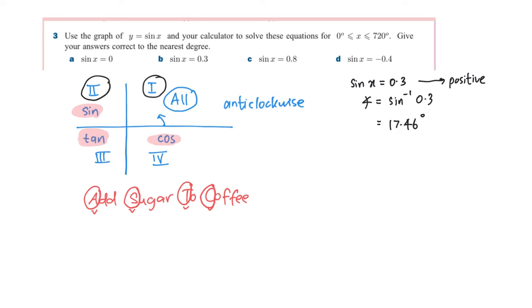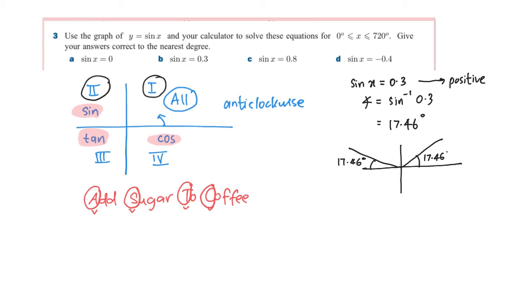So what do they mean by this? This 17.46 degrees is located in the first quadrant, and also in the second quadrant, 17.46 degrees here.